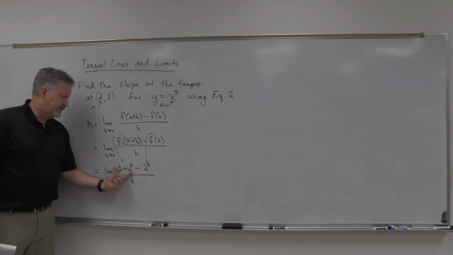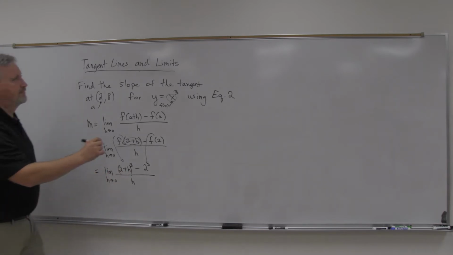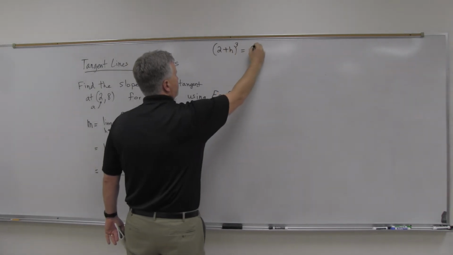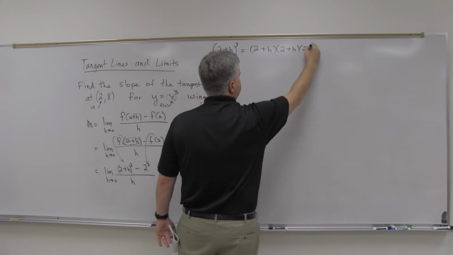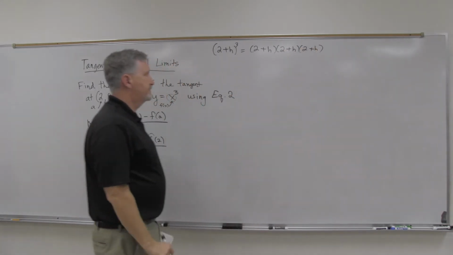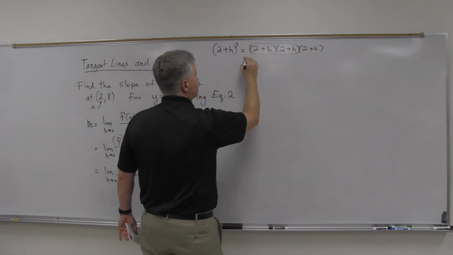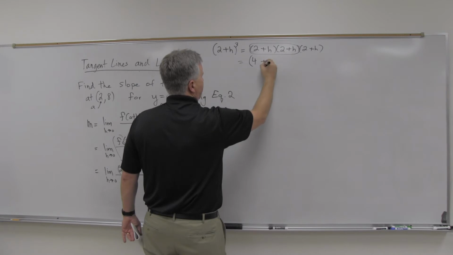Let's go ahead, for this one, and cube that out. 2 plus h cubed, we'll cube that out right here. 2 plus h, 2 plus h, 2 plus h. It's not that bad to just multiply all that out. 2 plus h times 2 plus h would be 4. Then you got 2h and 2h, so you got 4h.